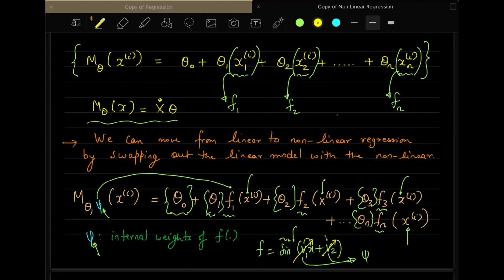If you want to tune these v1 and v2 also, then this phi will actually appear here. And what you have to do now, in order to tune these v1 and v2, you have to take the derivative of the loss with respect to v1 as well as with respect to v2, if you want to do that type of exercise. But if you do not want to do that, that's okay.